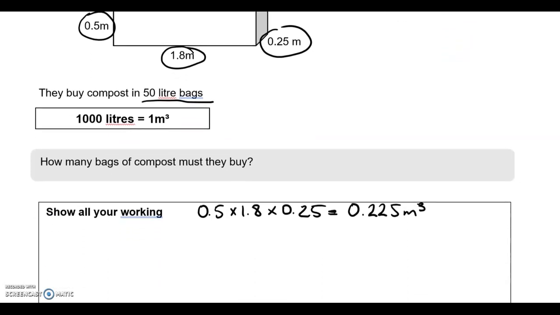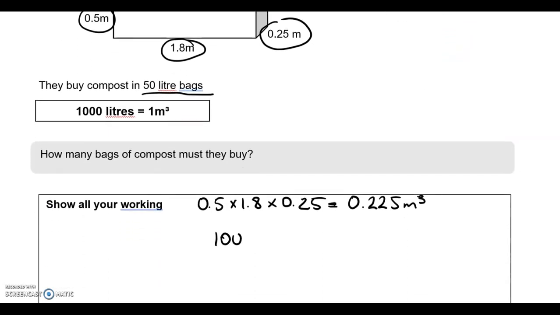Now, we know that 1,000 litres are equal to 1 cubic meter. We haven't got 1 cubic meter though, we've got only 0.225. So it must be less than 1,000 litres that we need to purchase.